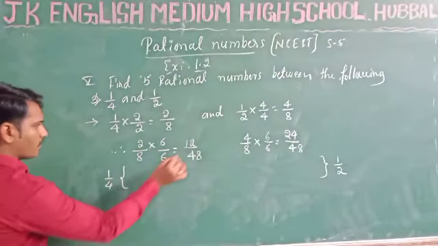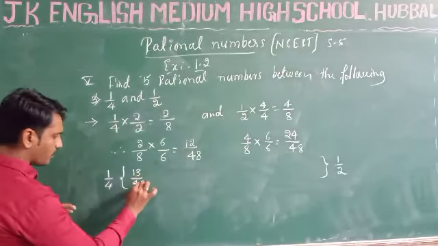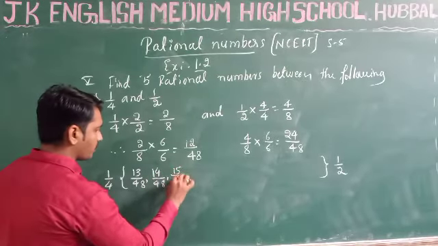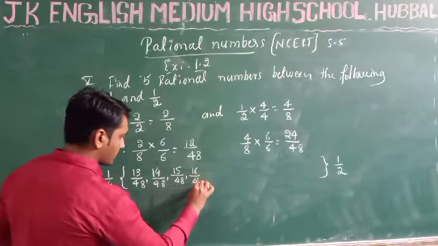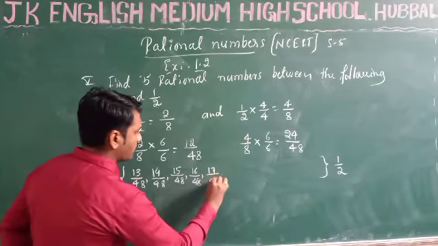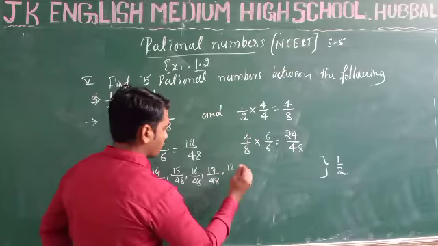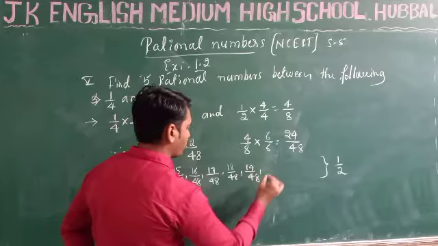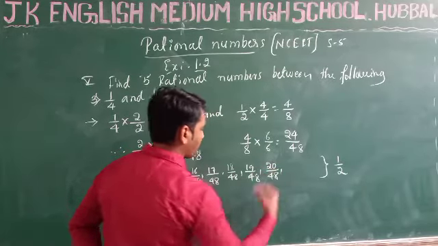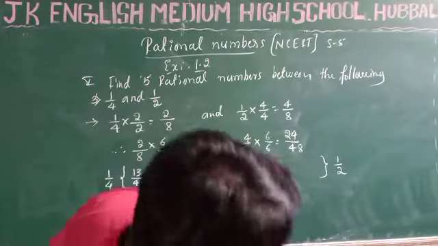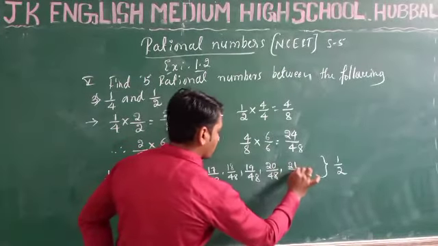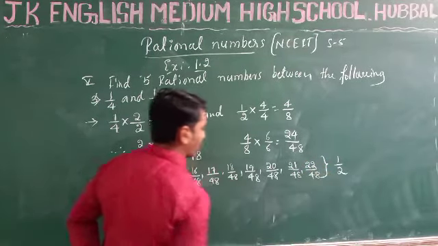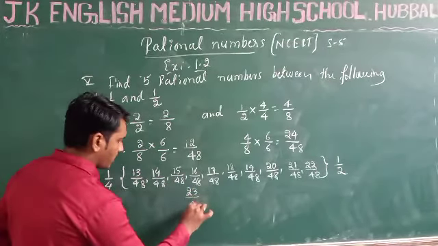So what numbers will come? 13 by 48, 14 by 48, 15 by 48, 16 by 48, 17 by 48, 18 by 48, 19 by 48, 20 by 48, 21 by 48, 22 by 48, 23 by 48.